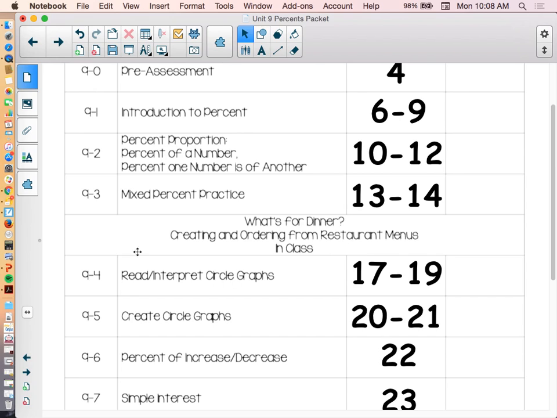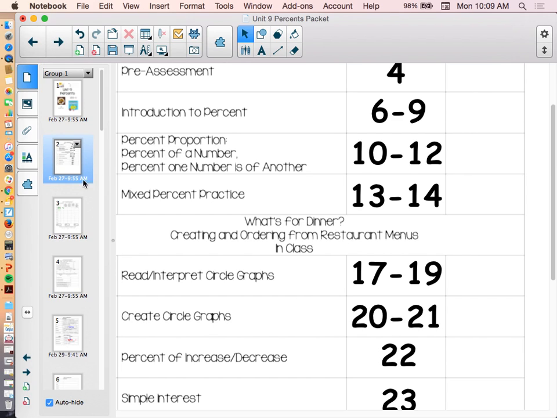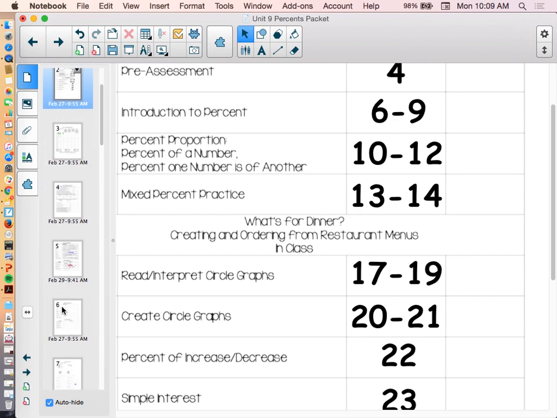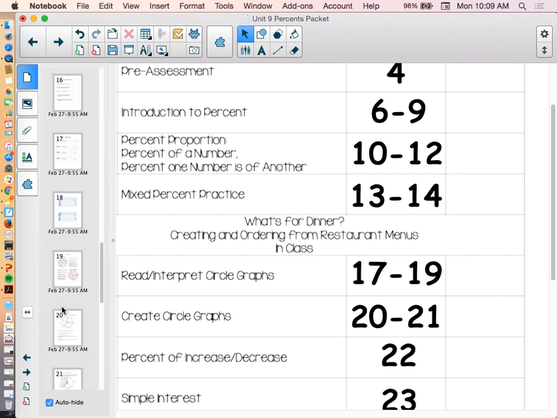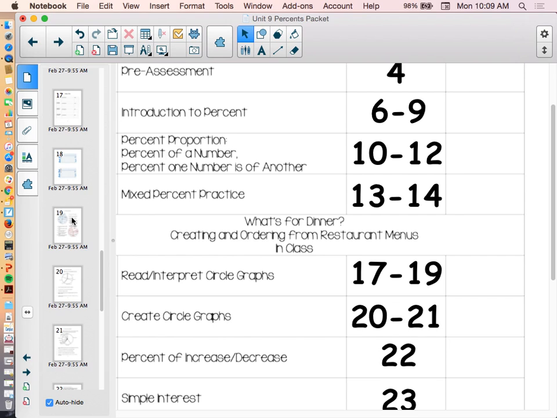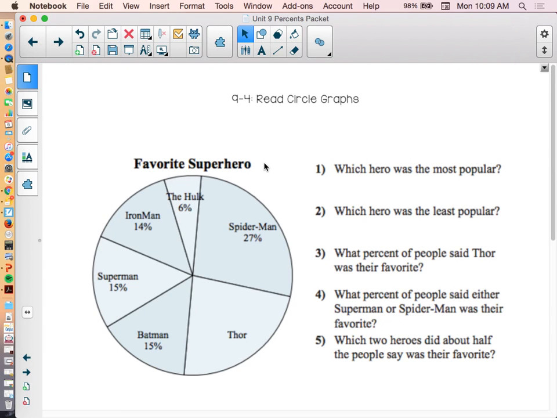When you read and interpret circle graphs, it will help you to understand what types of situations will also be able to be used with circle graphs. Circle graphs always include a situation that has numbers that add up to 100%. So not every situation makes sense to be put into a circle graph.